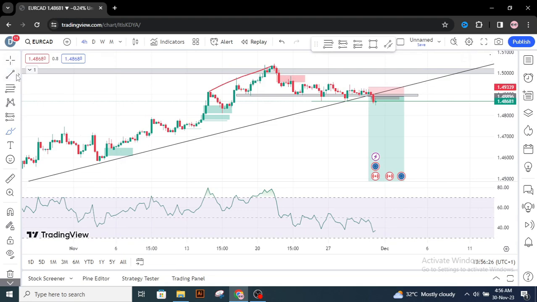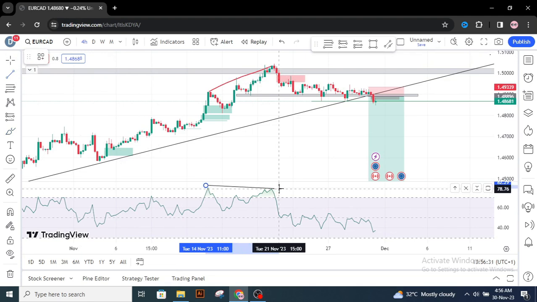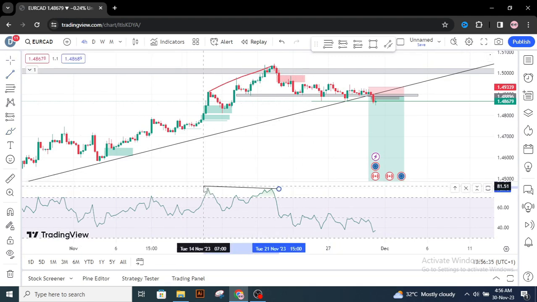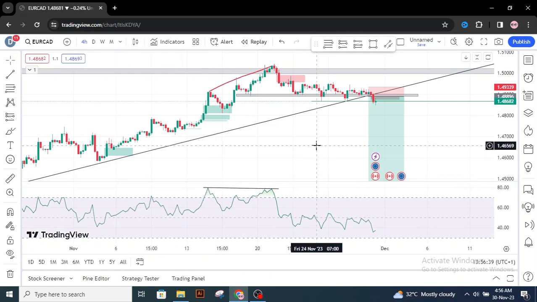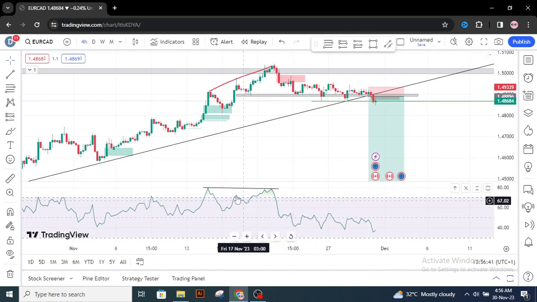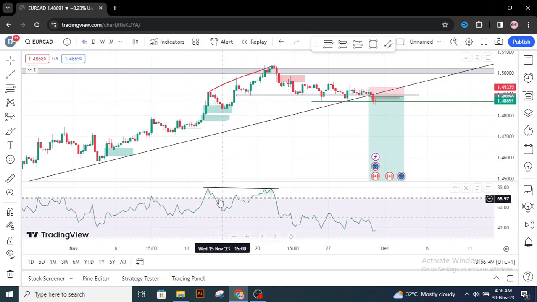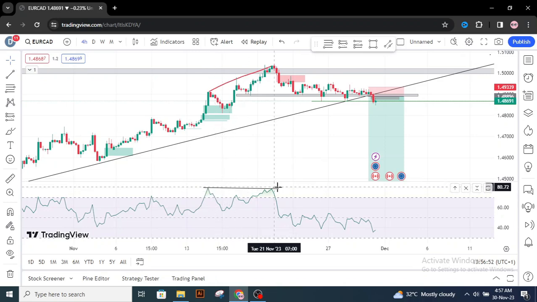Let me use the trend line instead. Let me adjust that. If you look at this very well, you will discover that it's a little bit slanted to the other side here. This shows you that even if the market is balanced, it is not supposed to be like this. It's supposed to form higher highs, just like this one.